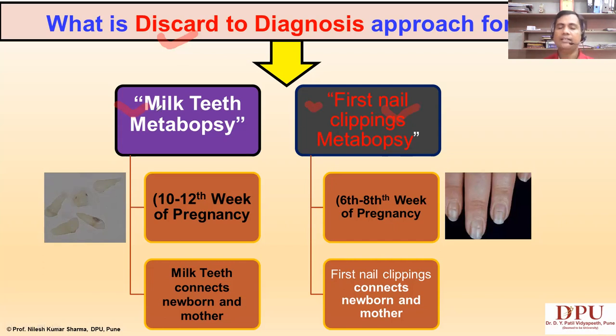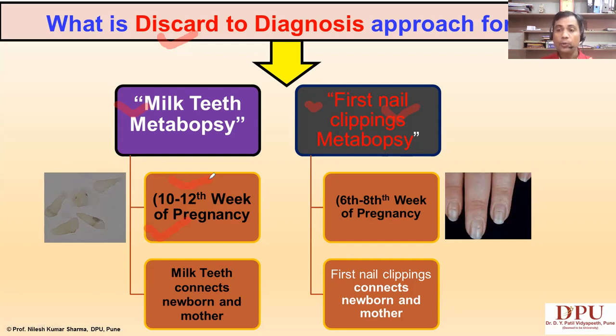Other than the discard nature of these biological materials, another very important point is that the development of milk teeth during the gestation or pregnancy period starts from the 10th to 12th week.